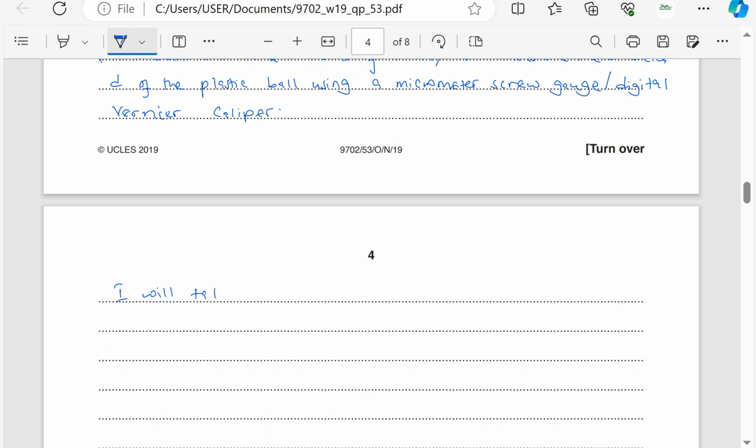I will take multiple readings of the diameter in different directions because I want to obtain an average, and obtain the average diameter.